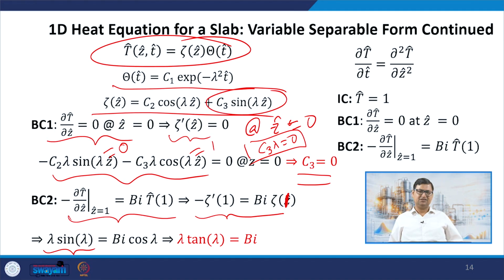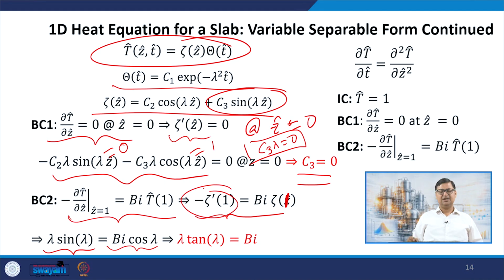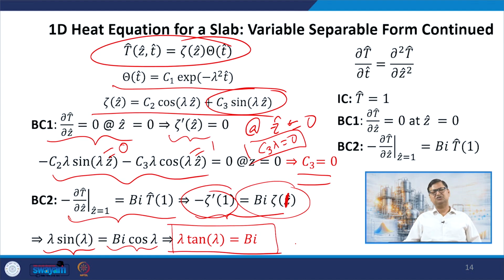I take a derivative and I get lambda sine lambda by putting in z cap equal to 1, that is equal to Bi cos lambda, right. On the left hand side I have done this, on the right hand side I have done this, right, and that gives me the equation that should give me the value of lambda. Lambda tan lambda is equal to my Biot number Bi.